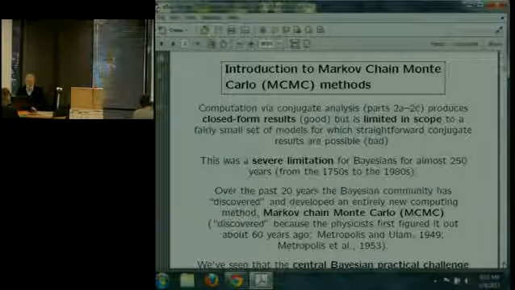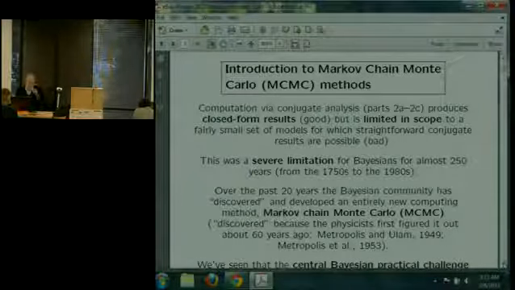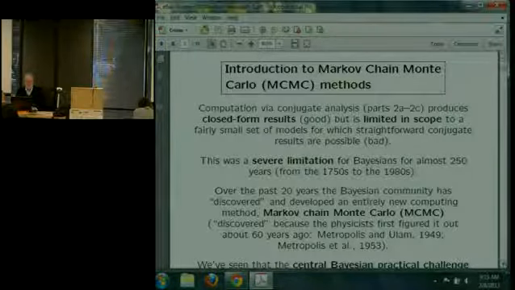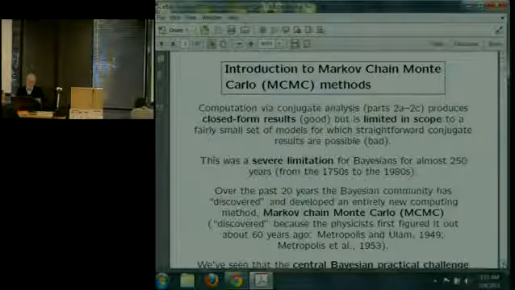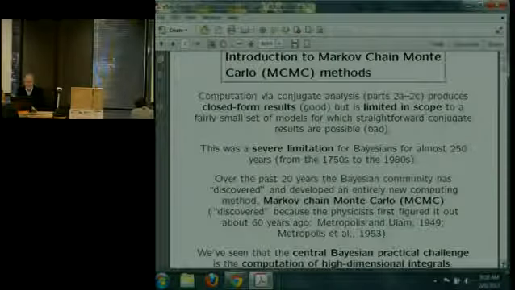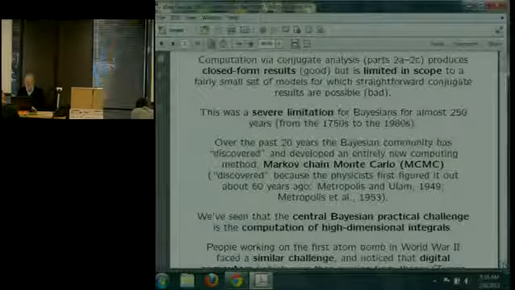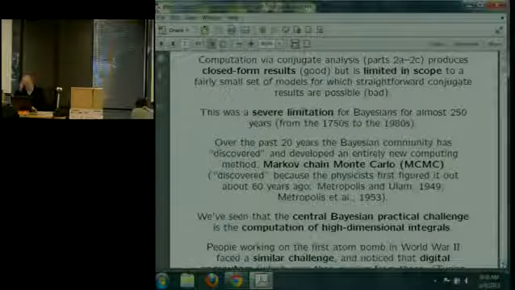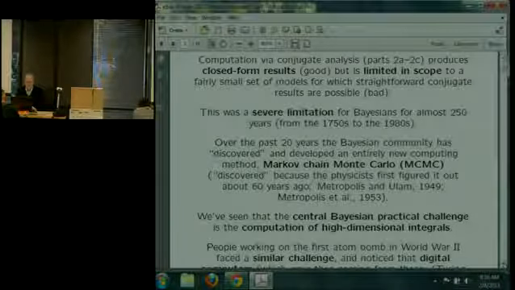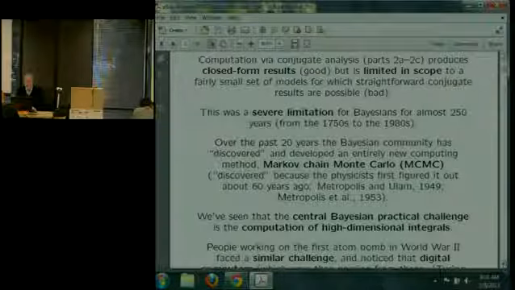You recall we can express the prior information as equivalent to a data set, which we can often describe quite clearly. We can figure out how many observations there are in the effective prior data set, and the posterior mean then becomes a weighted average of the prior mean and the data mean. There were various other nice advantages. We get closed form results back in chapter 3 of the lecture notes, but conjugate analysis is unfortunately limited in scope to a rather small set of models for which the results from conjugacy are possible.